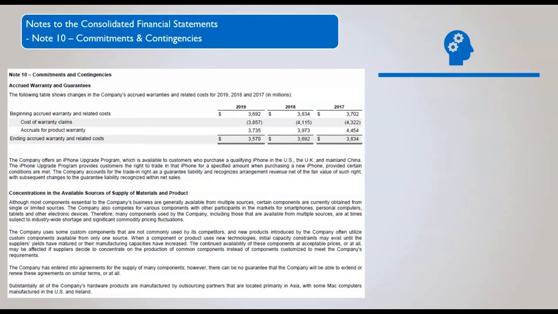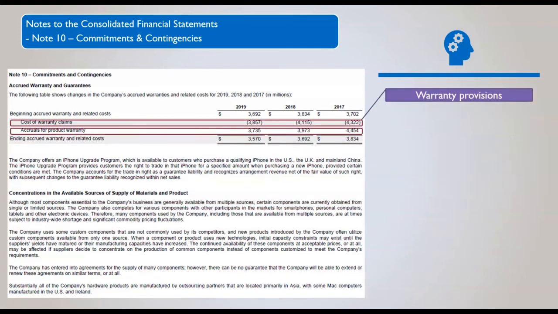The next note we see is note 10, commitments and contingencies. Here in this table, we can see the warranty provisions, the costs and accruals related to the warranty program. This reflects that accrual that Apple has made on its books relating to its warranties on its products.